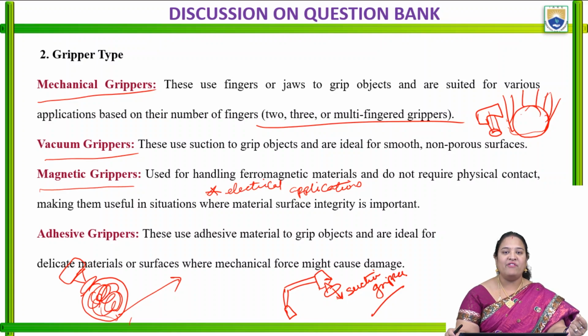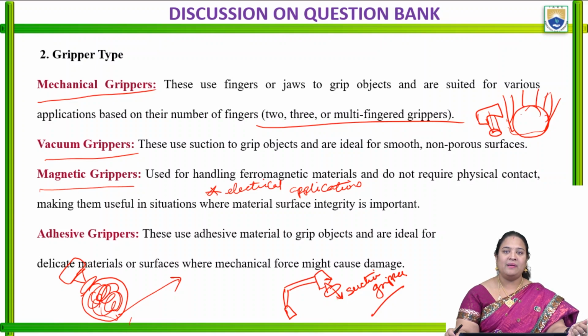When we have very small, minute chips, we cannot hold them with the finger type or the vacuum type of gripper. With a magnetic gripper, these chips or minute circuits will not drop from the end effector of the robot.